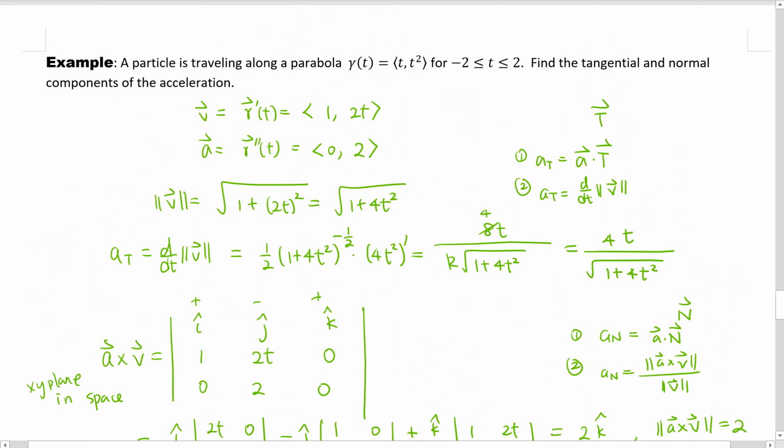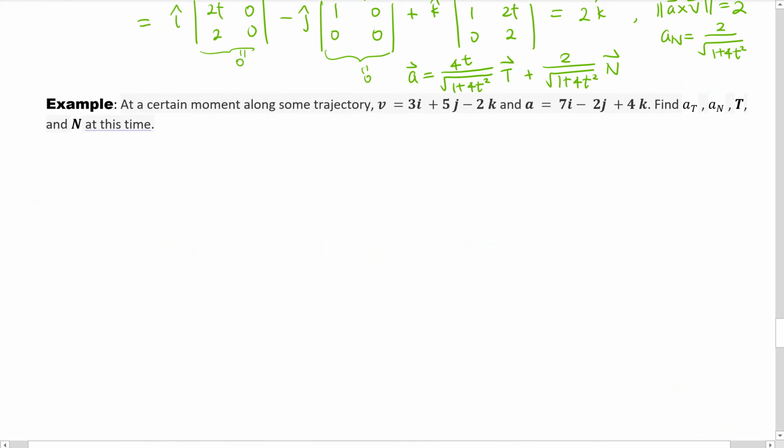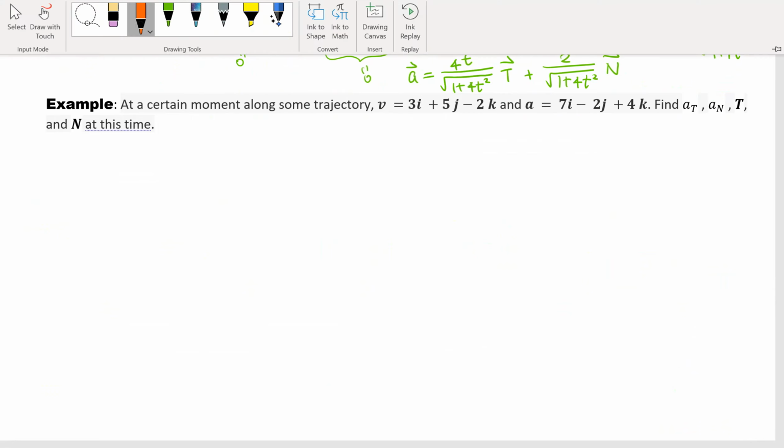We were given the parameterization gamma of t, a vector-valued function of t, so we could take the derivative, find v, find a, and find the unit tangent vector T and the principal unit normal vector N. But here we're not given a function, only some information at a particular point. So in this problem, it's good to draw it and understand it.